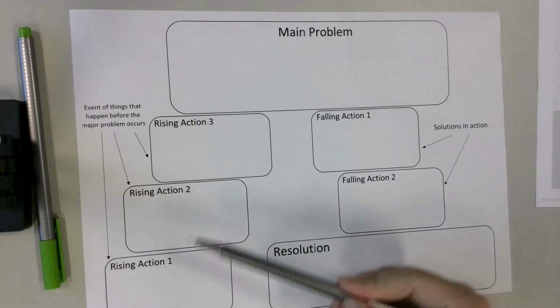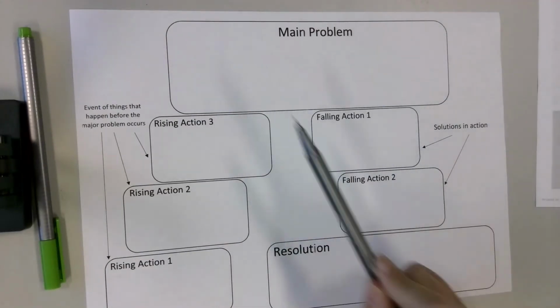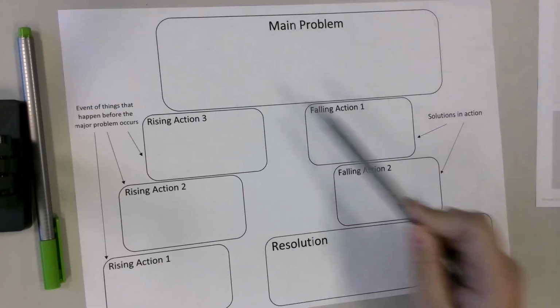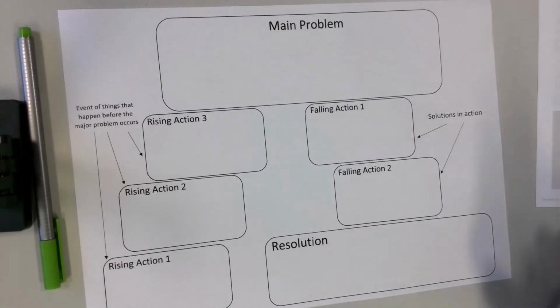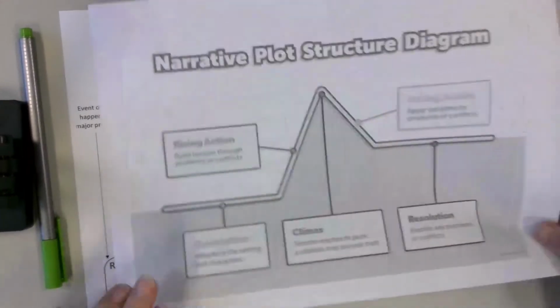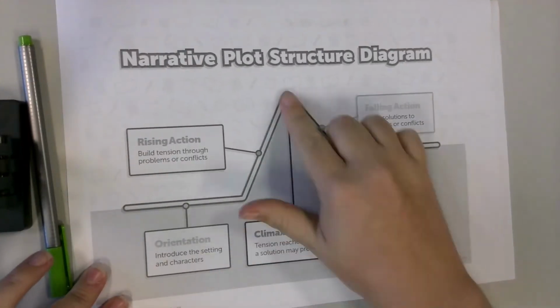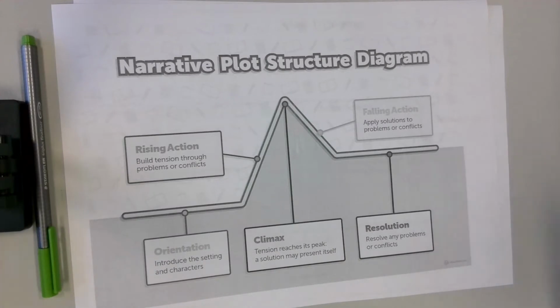We have our rising actions that we're going to be looking at, our main problem, and then our falling actions, which ultimately leads to the resolution of our story. For today's lesson, I am using this to refer to. This is just our narrative plot hill, I called it. So it's our structure for our narrative.